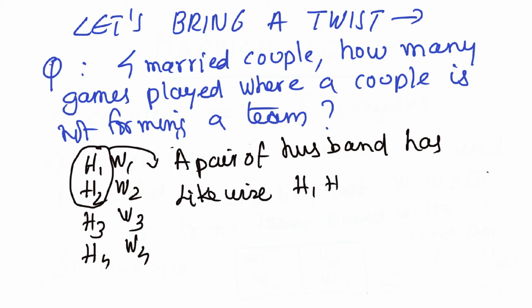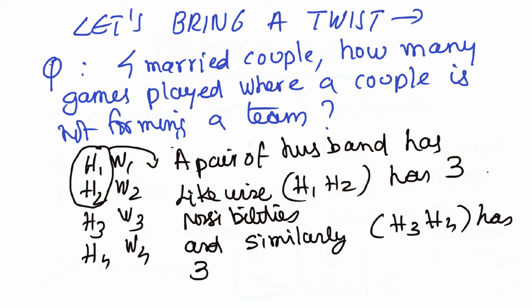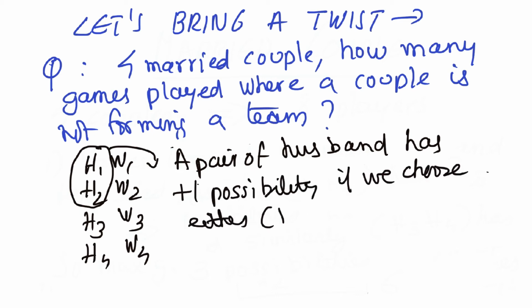Again, with the first husband and second husband with the other women players, there are 3 possibilities. Similarly, with the third husband and the fourth husband, once again there are 3 possibilities, and finally there's a single possibility where the husbands are shuffled, something like H1 H3 or H2 H4.